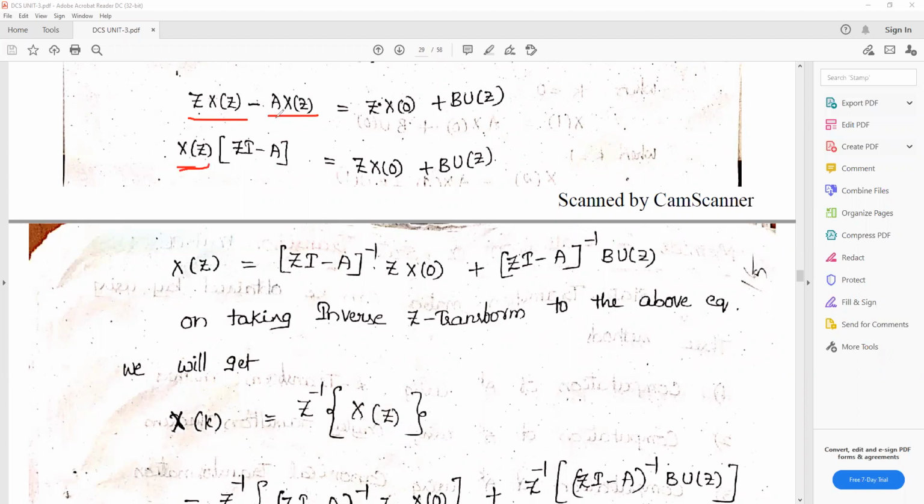If the A matrix is a 2 by 2 matrix, take the identity matrix also 2 by 2.